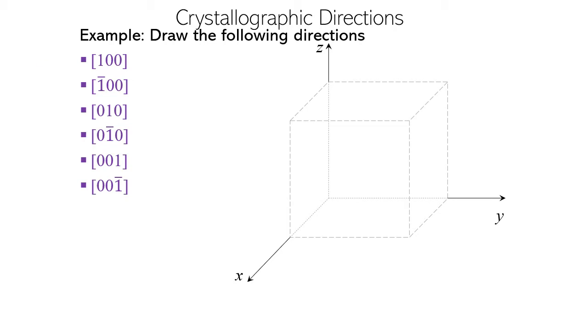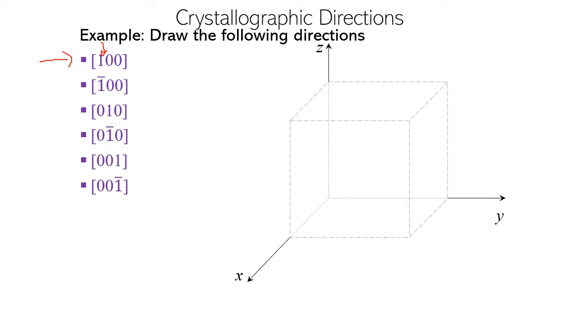So first, the given indices are [100], and as they are enclosed within square brackets, they are referring to a particular direction. The first index inside the square bracket gives the information about the x-axis, or how much of the edge length along the x-axis is spanned by that direction, or the length of projection on the x-axis.